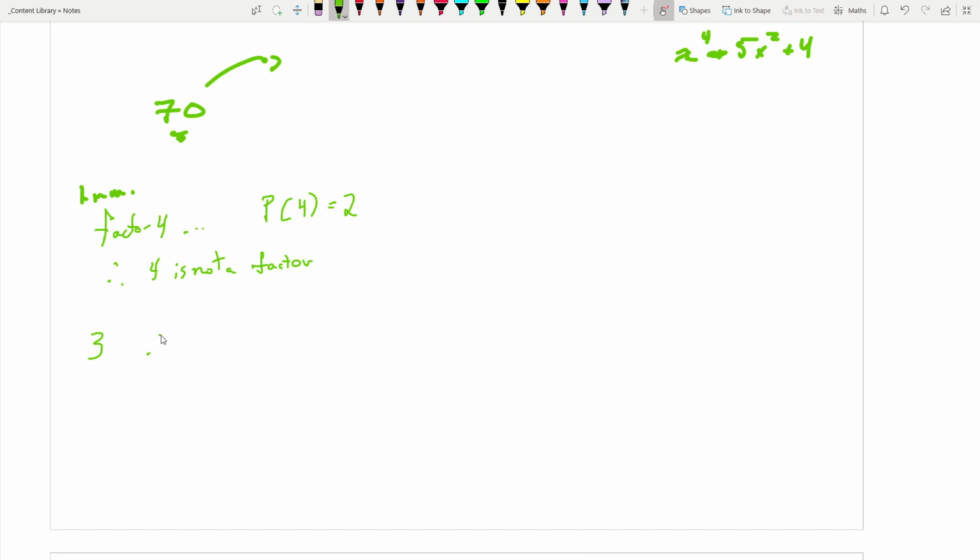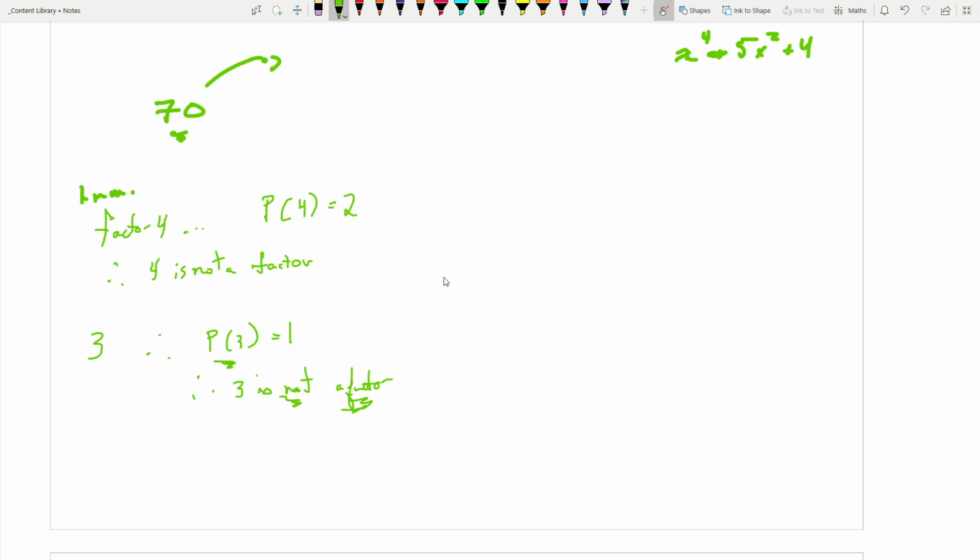So I use the remainder theorem, and I see that when I plug 3 into my polynomial, now what I'm doing here is just an imagined operation. My remainder for 3 is actually 1. So since it's non-zero, I can say 3 is not a factor.